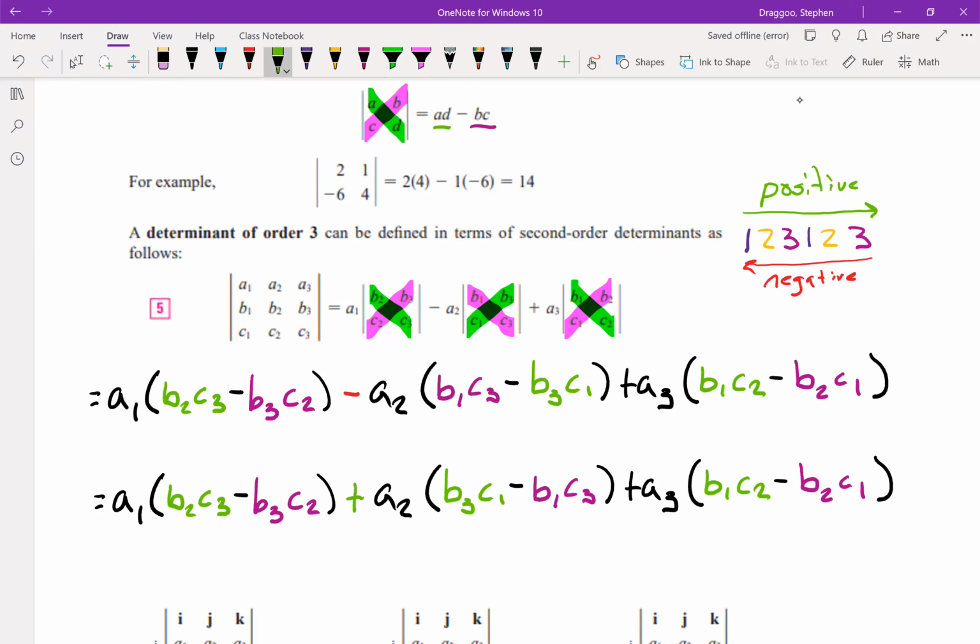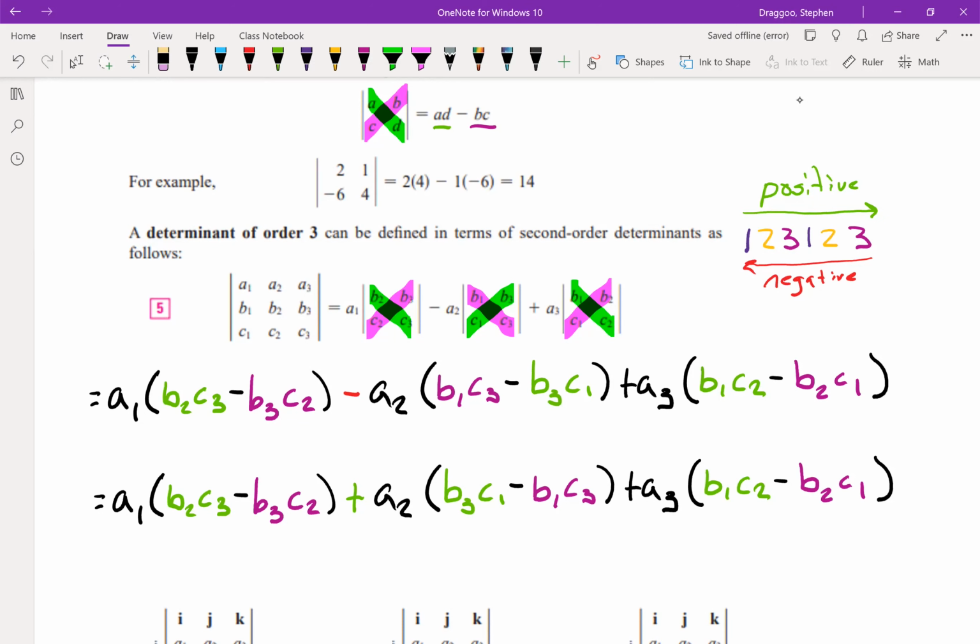So now let's finally talk about that little diagram that I have drawn up in the top, where it's got the sequence 1, 2, 3, 1, 2, 3. So it's just 1, 2, 3 listed out twice and ordered in terms of its first, second, and third position. First position being purple, second being yellow, and third being magenta. So a handy way for remembering how these terms all come together.